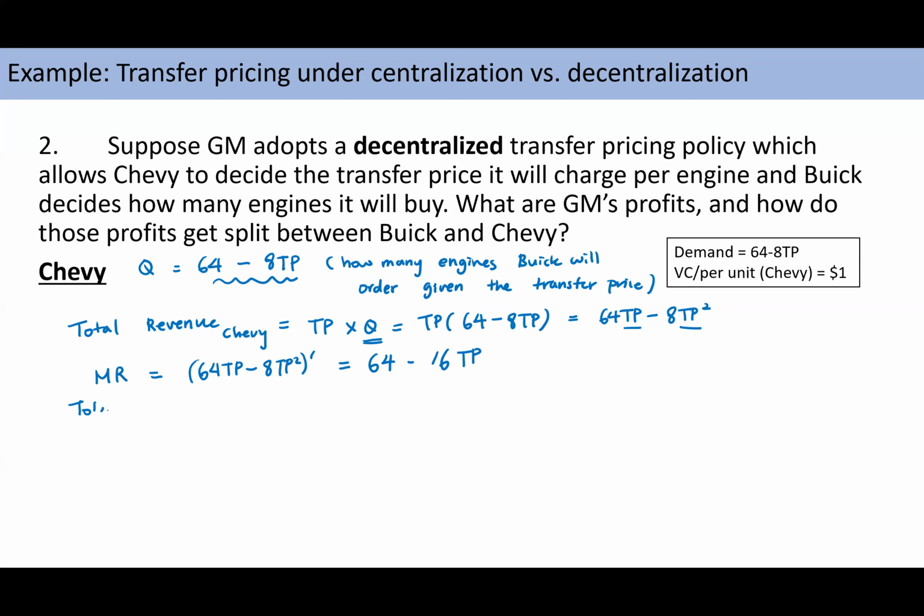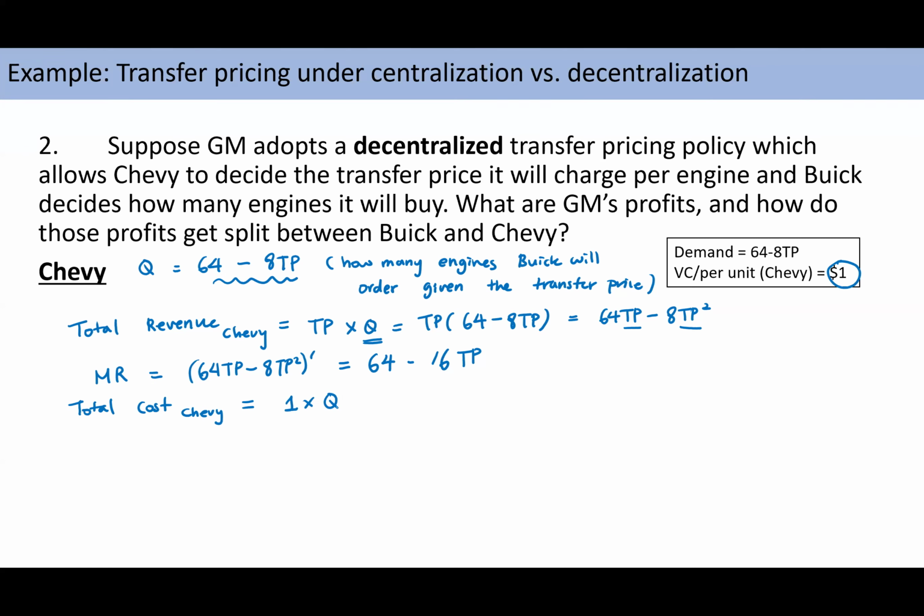Now what's our total cost function for Chevy? Well, the variable cost for Chevy is just $1, and they're going to sell Q amount of cars.